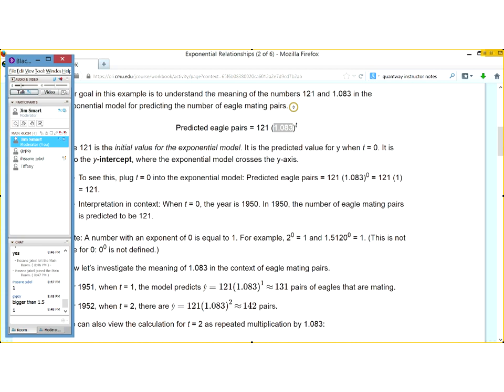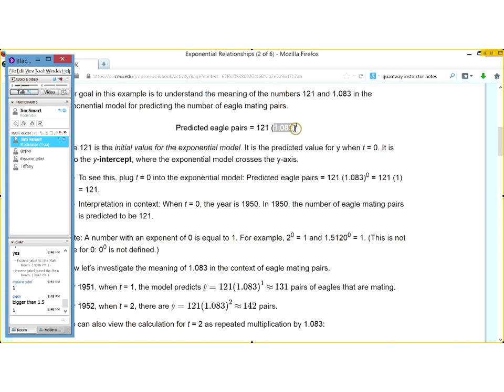Yes, bigger than 1. Even if you look down here at this line, when I did 121 times 1.083 to the first, which is just times 1.083, I get a bigger number. So basically, if you multiply by something bigger than 1, you get an answer that is bigger than you started with. If you multiply by a number that's smaller than 1, like say 0.5, which is a half, you end up with a number smaller than you started with.